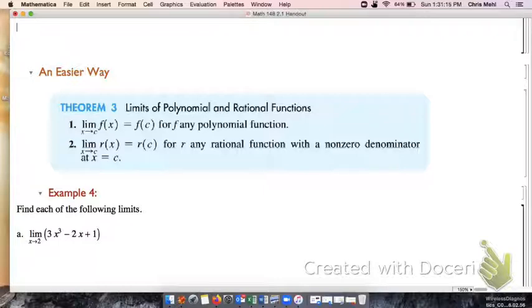Polynomial, rational, radical, exponential, and logarithmic functions, the limit will always just be the same as the function value. So things really don't often get weird. The only time limits get weird is when you're finding a limit at a value not in the domain of a function, or limits of piecewise functions.